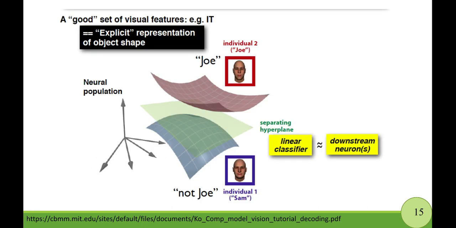And then we show a different image, in this case Sam, and it's going to show a bunch of different surfaces, and we expect that the IT section of the algorithm or the brain sensors can have a different kind of space, so that when we apply a linear classifier, in this case a support vector machine, it can correctly separate these two spaces, and then we can say that this is Joe, this is not Joe, something like that.